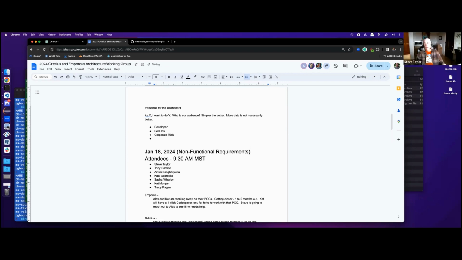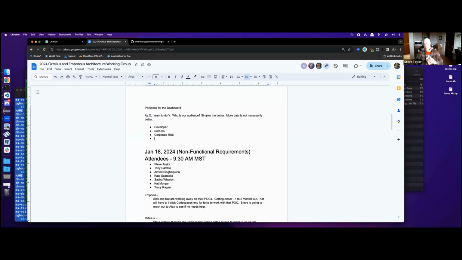And do we think there would ever be a case where the CTO or CIO would want to log in and see the data in real time, versus having corporate risk or SecOps gather the data and present a report offline to them?